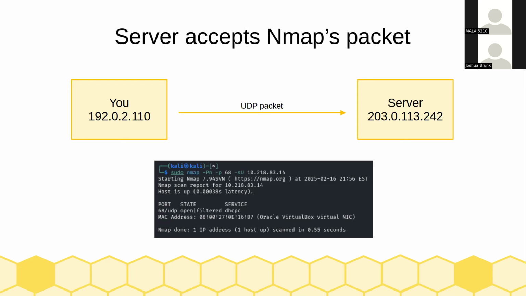And this is what would happen when you use a UDP scan through nmap as well. Nmap just sends some data at the server, but it's not really sure what happens. And that's why the state that nmap shows for the server is open or filtered.